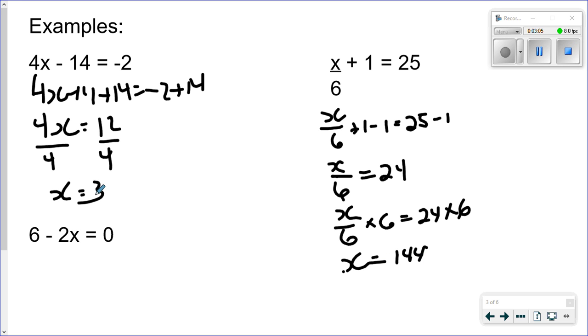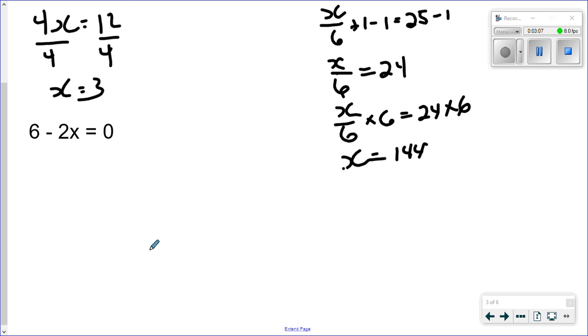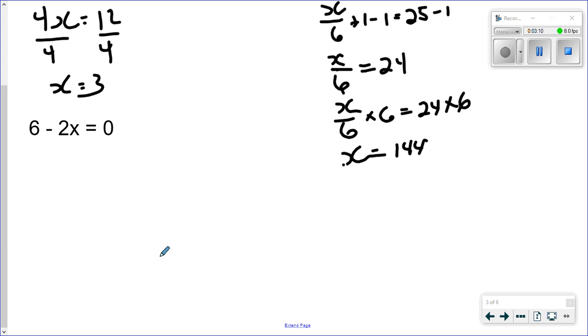Now this last one, it is a two-step question, but probably not for the reasons that you're thinking of. We have an operation here, and we have an operation here. And yeah, I'm ignoring that negative sign, the subtraction sign, and there's a reason for that. We'll see why in just a second.